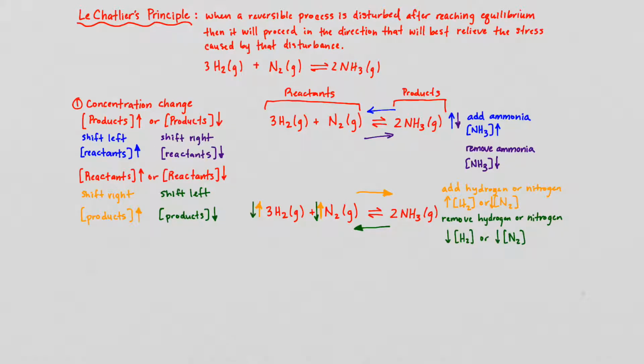Something to remember about this is that KEQ for all of these situations does not change. Remember that the equilibrium constant, KEQ, is a measure of the rates of the forward and reverse reaction.